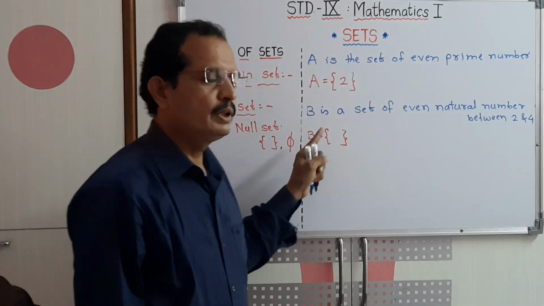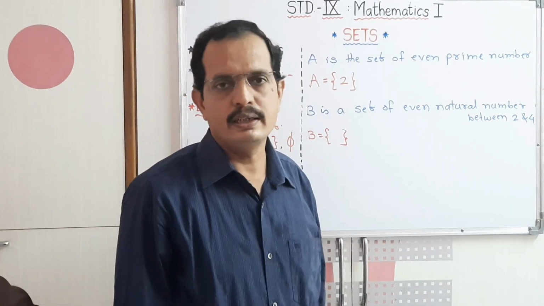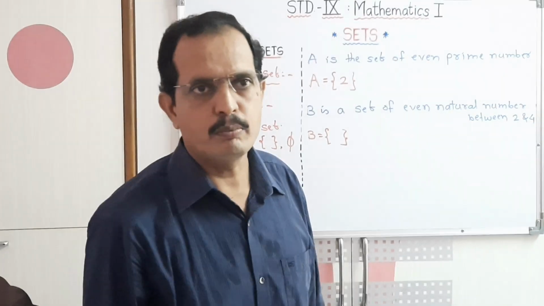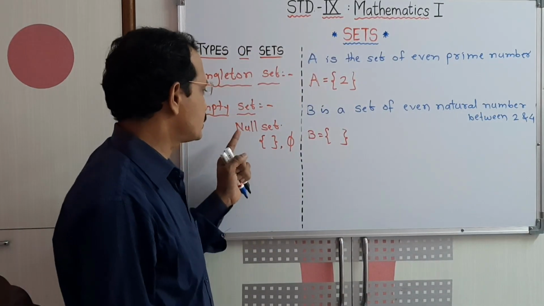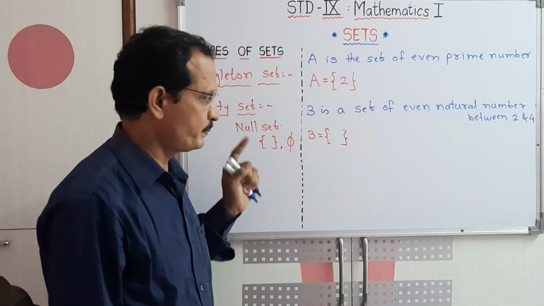Therefore, if the set does not contain any element, then that type of set is called an empty set. Empty set is also called a null set.